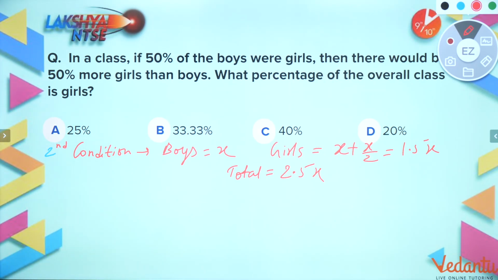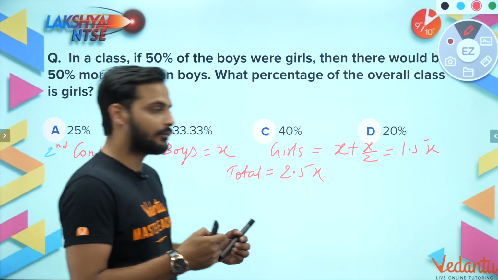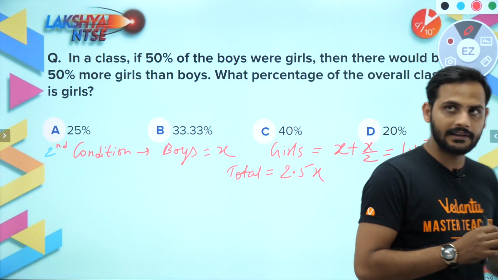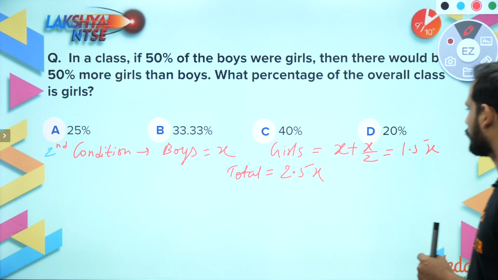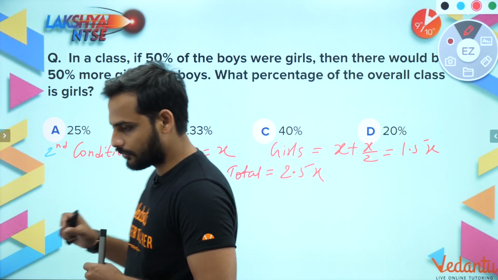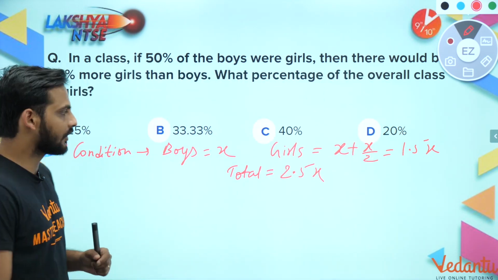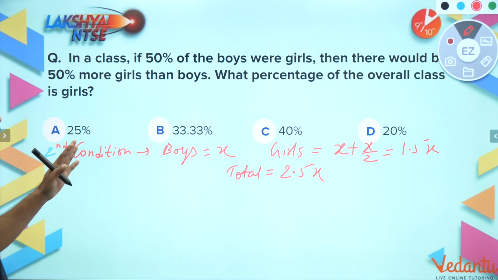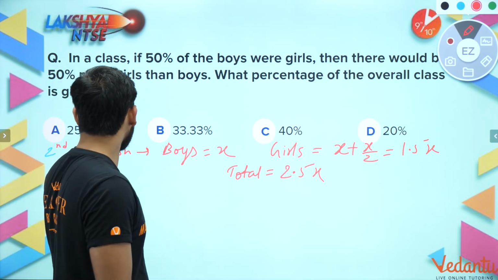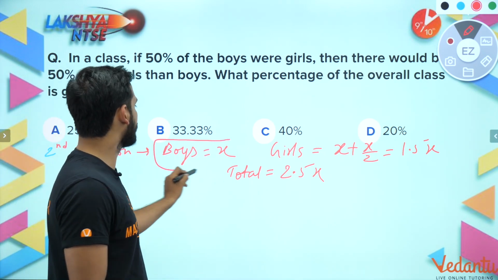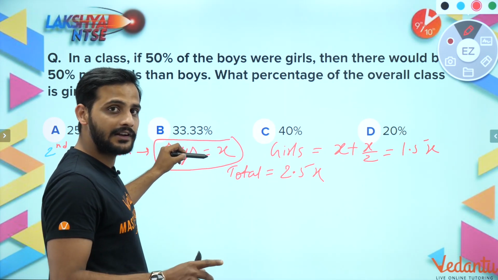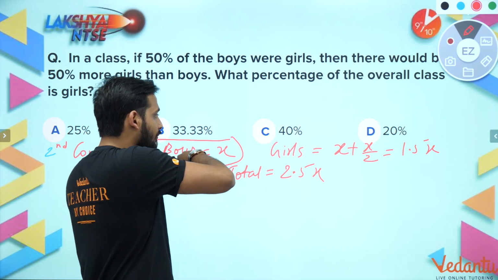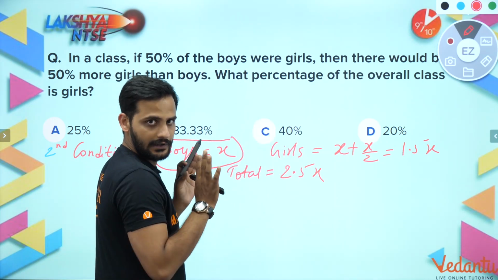So you have to find out how you can get the number of girls and number of boys. At the starting, they are saying if 50% of the boys were girls, that means if 50% out of x boys, if x by 2 boys were girls, that means in the second condition, these boys are left after 50% of the boys have been converted to girls, right?